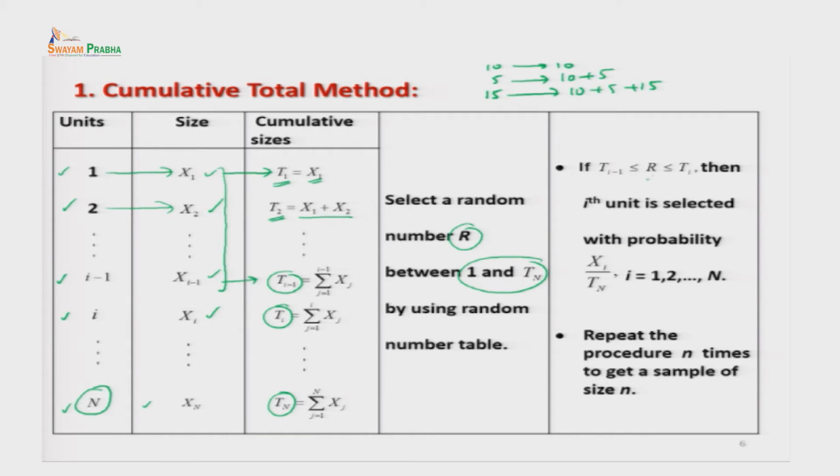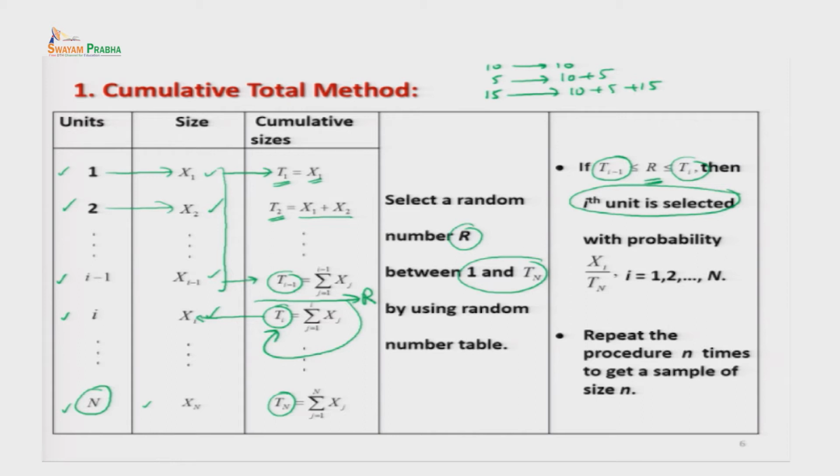In case this r is lying between Ti minus 1 and Ti, then I would say the ith unit is selected. This Ti corresponds to this xi.